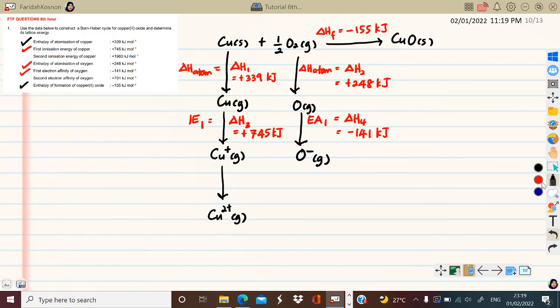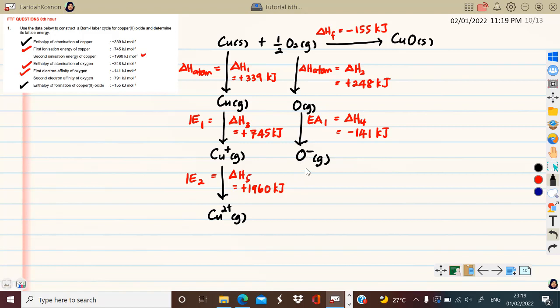Right, so this is called second ionization energy of copper, numbered as delta H5 here. Okay, the value is positive 1960 kilojoule.